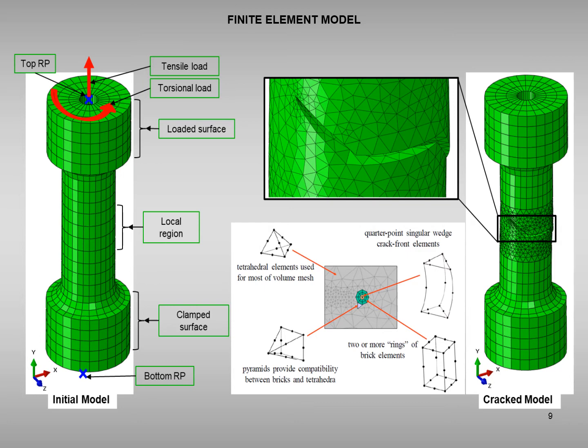These are surrounded by rings of brick elements. Then pyramids on the outer tube provide compatibility between bricks of the tube and tetrahedra of the volume. After the remeshing, the number of elements increases up to around 40,000 and the number of nodes up to 60,000.